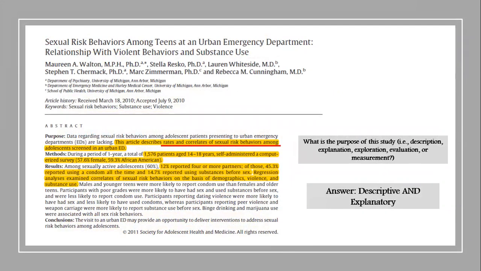Okay, so again, going back to what I mentioned earlier and picking up on the language, right? We have to get to a point where we can decode this fancy language that researchers are utilizing. Essentially what they're saying to us, without really explicitly saying it, is that they have two purposes in their study. The word rates tells us that they are seeking to describe the phenomena that is the focus in this study.